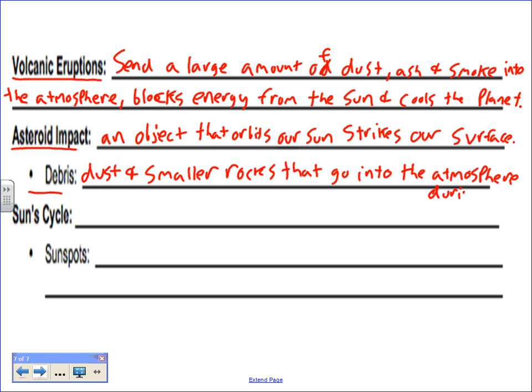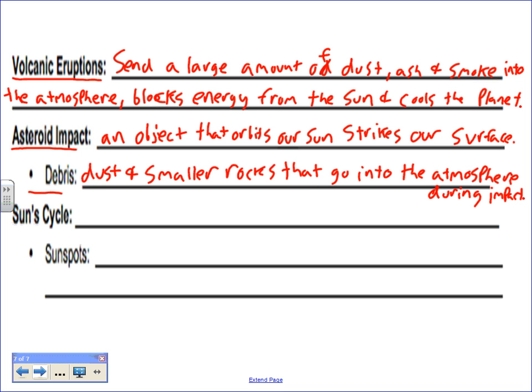So again, it's like volcanic eruptions releasing that debris or dust or small rocks into the atmosphere. It blocks out the solar radiation or solar energy, and it cools our planet because it's blocking the energy.